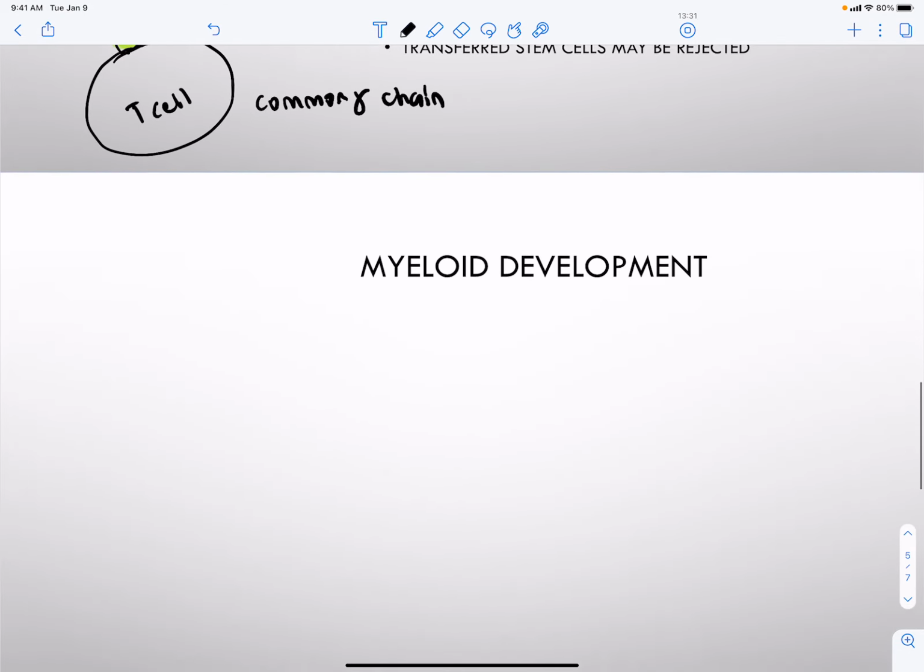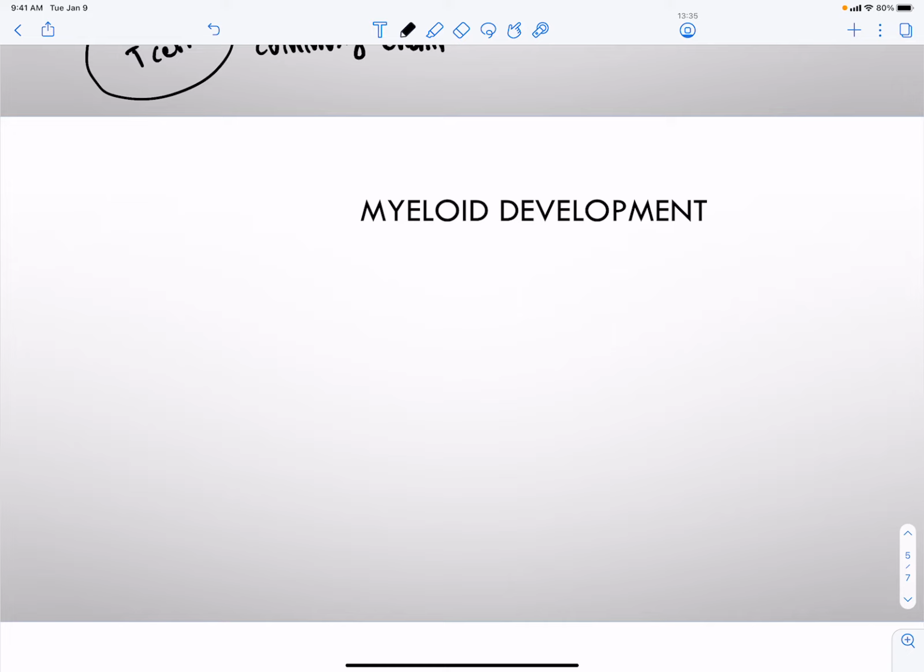Okay, so now let's go to our myeloid. So those are our lymphoids. Now we have our myeloid development. Just like we had with our lymphoids, we have a common myeloid progenitor cell, and the common myeloid progenitor cell can become many things.